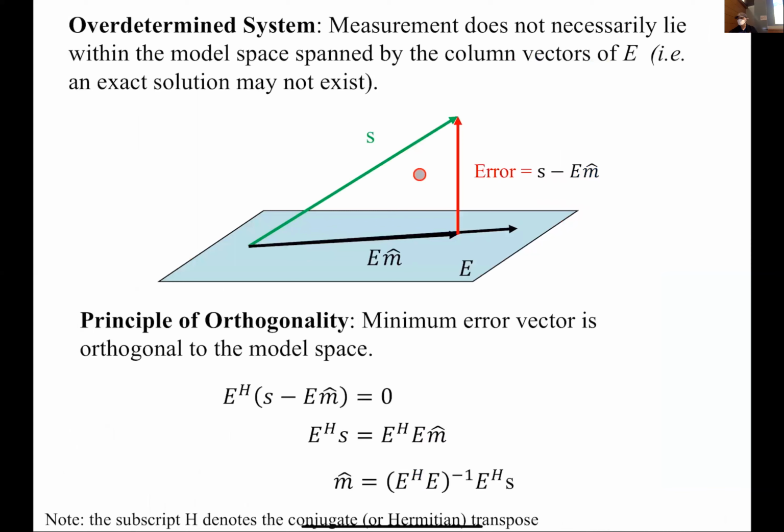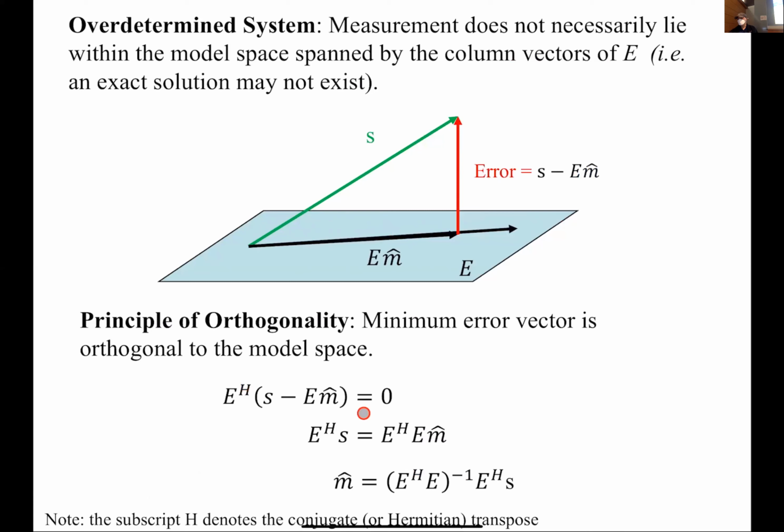So the best you can do is figure out what in your low dimensional space is closest to what you've measured. A very important concept is the principle of orthogonality, which means this error is minimized when this error is orthogonal to your model space. If you write down what orthogonality means, it allows you to very easily write down the equation.